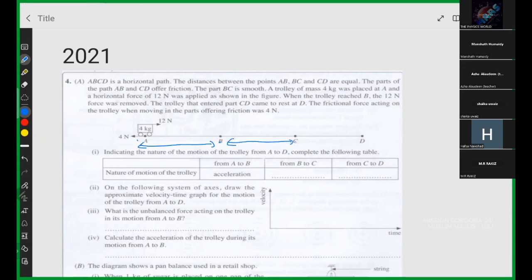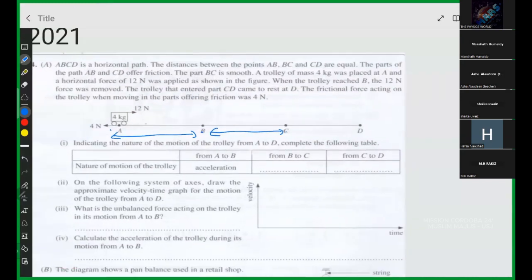The paths AB and CD offer friction. So you can mark it there. Here friction. This is also giving friction. The part BC is smooth. So this is smooth.